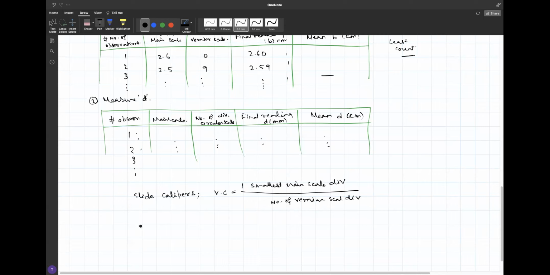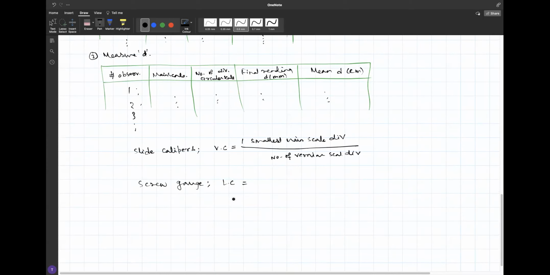And then for the screw gauge, you can define the least count. This is the pitch of the screw divided by the number of divisions in the circular scale.